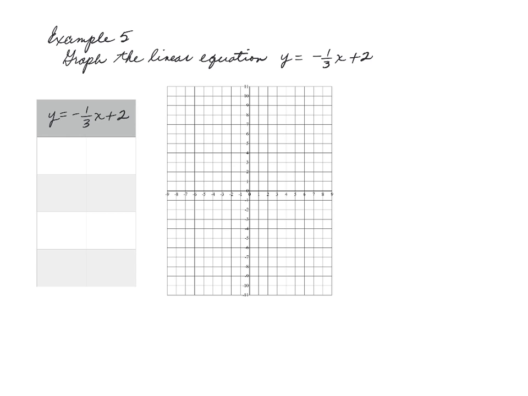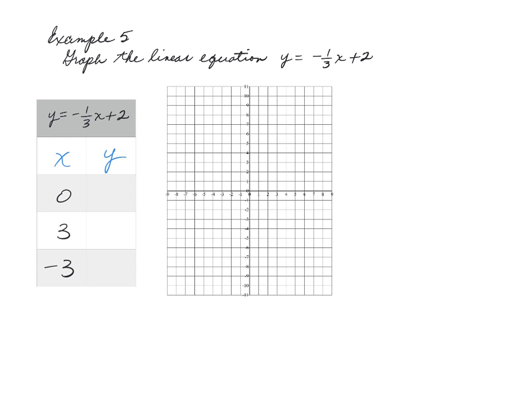Now we're going to graph the linear equation y equals 1/3 x plus 2. We are not given any coordinates, so we're going to have to choose our own points. So, keep them simple, keep them easy to calculate. So if this is our x and this is our y, let's see what happens if x is 0, when x is 3, and then when x is negative 3.